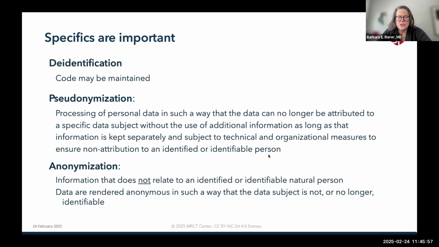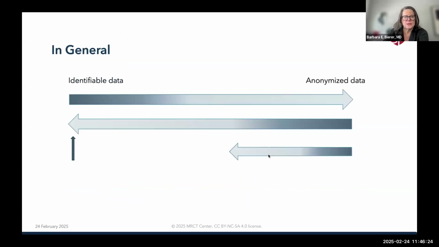And anonymization is really information that doesn't relate to an identified or identifiable natural person, rendered anonymous in such a way that the data subject is not or no longer identifiable. But if you do that in the extreme so that you really can't identify somebody, then you're stripping a lot of the detail from that data that makes it readily useful in scientific investigation.